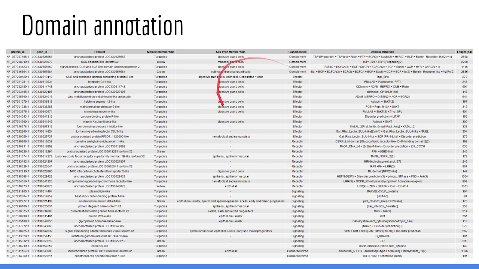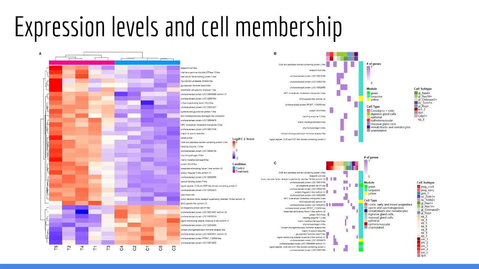And taking this, we were able to give a function to some of the uncharacterized proteins from here. For example, this one that we think is a complement-related protein, as its properties are like. And this one from here that we found by its domain structure is a P2-related protein, as P2 is a cell cycle regulator and an immune system regulator.